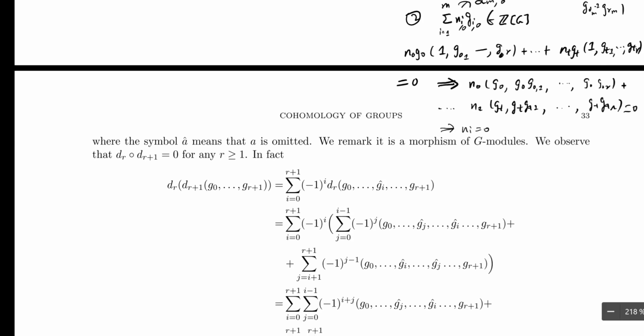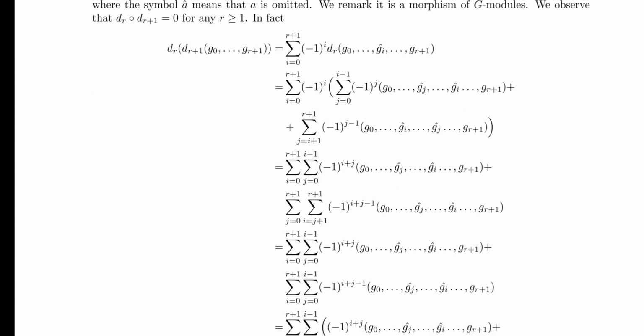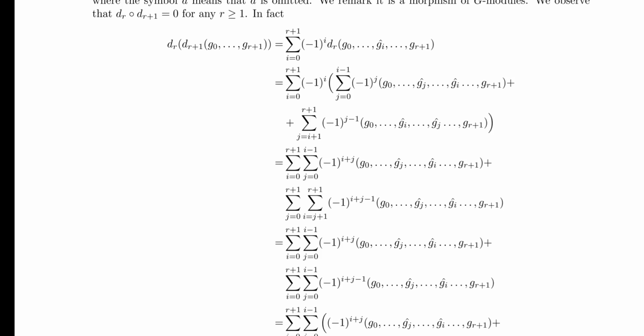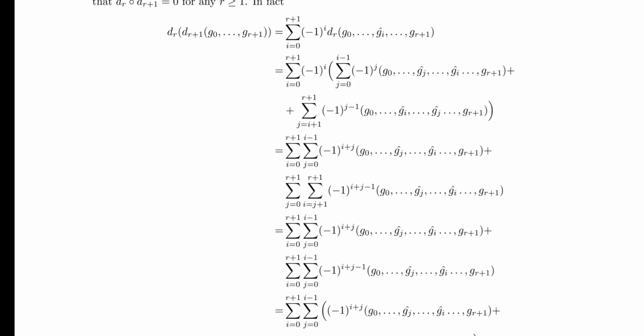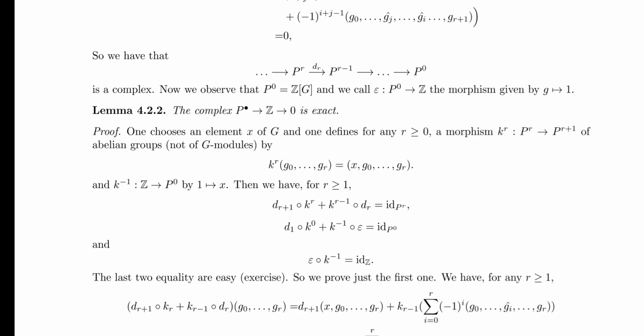Remark, it is a morphism of G modules and the composite of the differentials next to each other is 0. In fact, one can check it. Okay, I do not check it here.